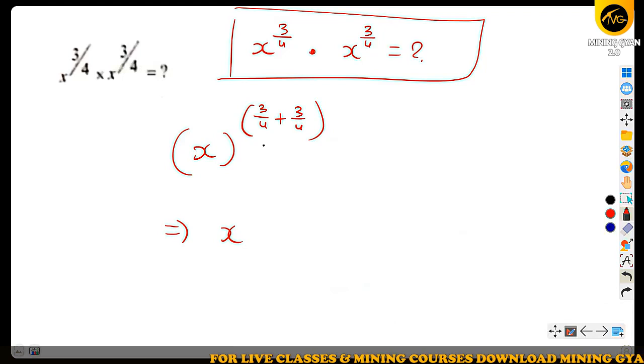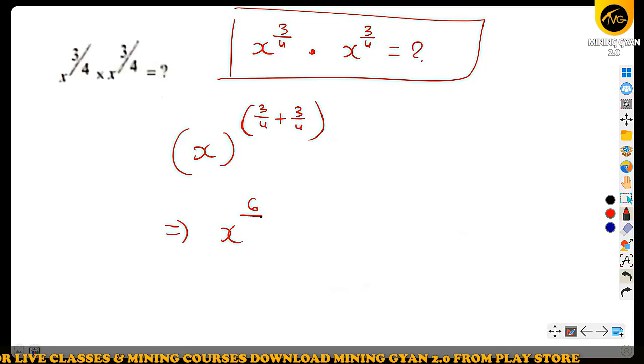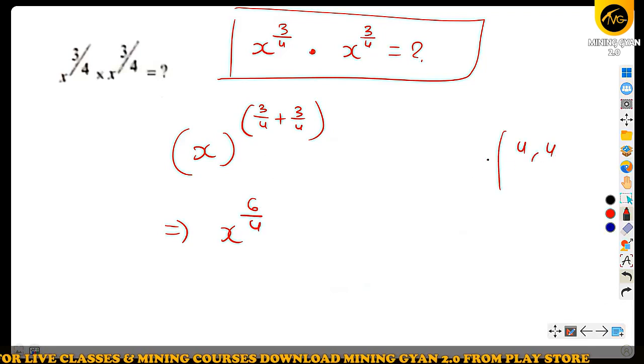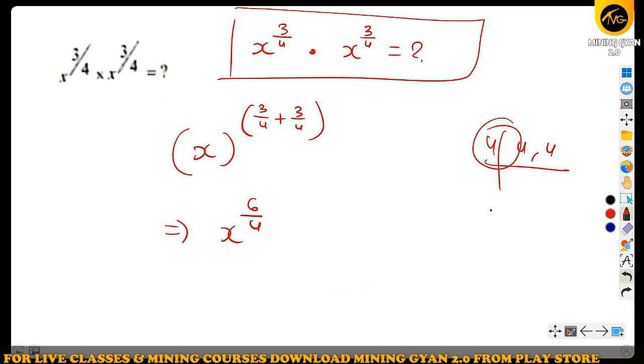In this case, we have to find the LCM of the denominators and add the fractional numbers. That is 6 divided by 4. How? We know that the LCM of 4 and 4 is 4.